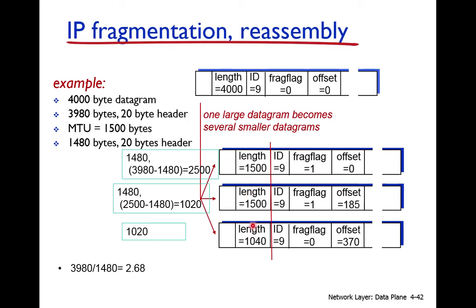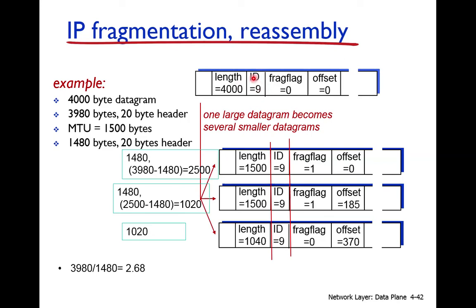Now in this packet we have identifier 9, and this packet is divided into 3 packets. So in all 3 packets, the identifier will be 9. The identifier 9 is set in all 3 packets because they are divided, they are part of a large packet, and that large packet has identifier 9.